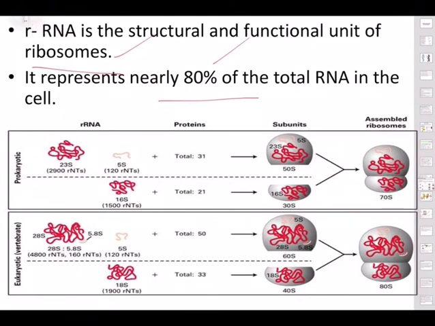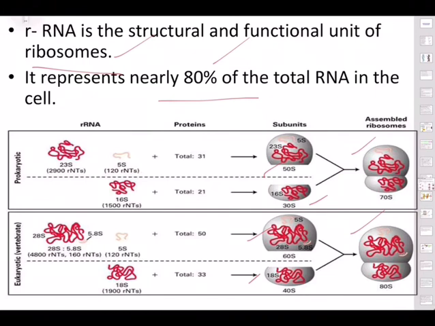Ribosomal RNA has 2 portions: 50S the bigger one and 30S the smaller one, and the assembled ribosome becomes 70S. Similarly, 60S the bigger unit and 40S the smaller unit, and in total it becomes 80S. But of course you must not ask me, sir, 60 plus 40 is 100, how come 80? It is not mathematics. The S stands for Svedberg units.